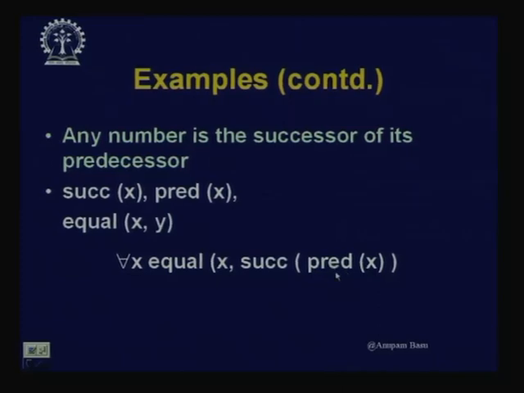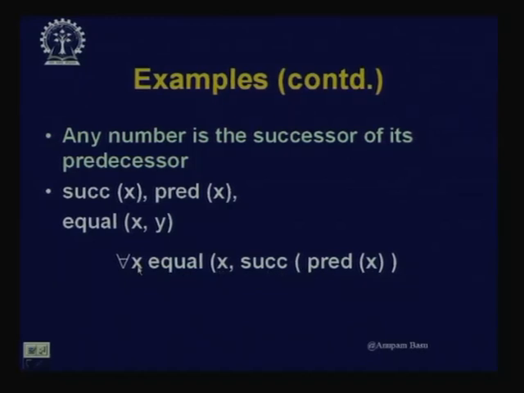Now, let us try to see what it means. For any number, if x be the number, then predecessor of x will return me the predecessor of that number, and the successor of that number will return me the successor of predecessor x, and this number and this number should be equal.